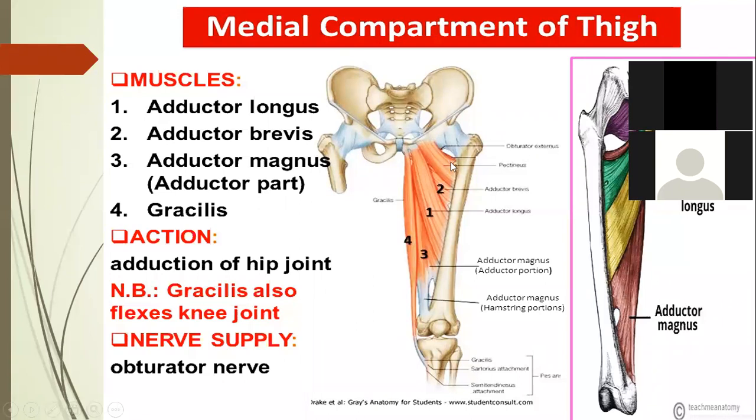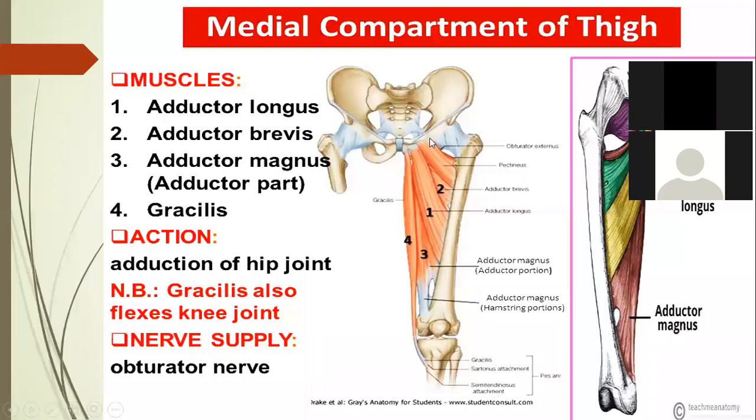Obturator externus muscle. Now this obturator externus muscle is supplied by the posterior division of the obturator nerve. Its insertion, I just told you, is attached on the medial surface of the greater trochanter.